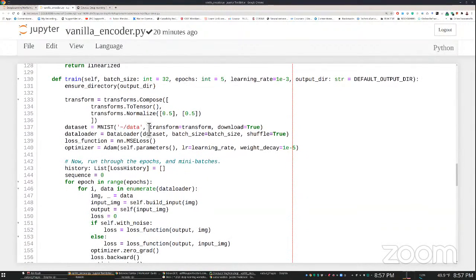So let's now look at the train part. The training part by now you should be very familiar with. Self batch size, so I assume a default batch size of 32. Now, those of you who attended my loss landscape session know how you decide a good batch size. If your batch size is 1, it is stochastic gradient descent.